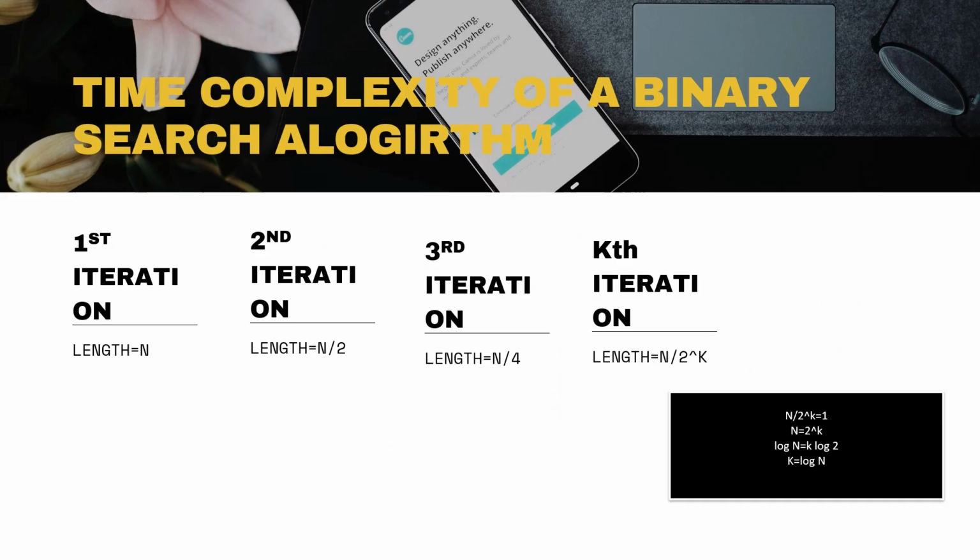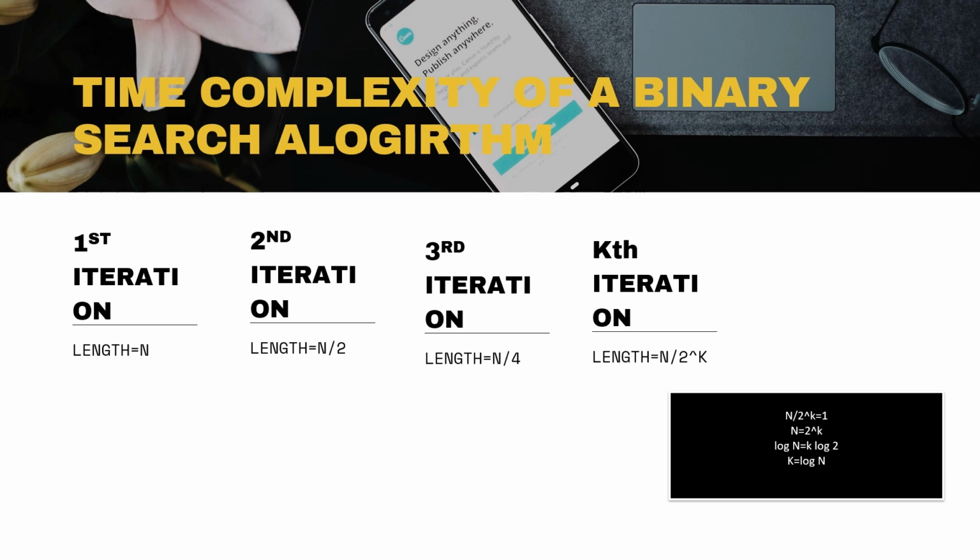Before moving forward, first we learn about the time complexity of the binary search algorithm. We know that the linear search algorithm's time complexity is big O of n. So what changes occur in the binary search algorithm's complexity?